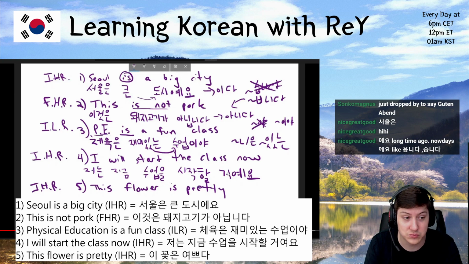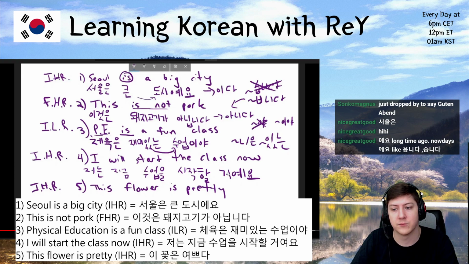I hope so. And then we, no, wait, this flower is pretty. That's an adjective. So we conjugate the adjective. We don't have ida. We don't need ida in this case.